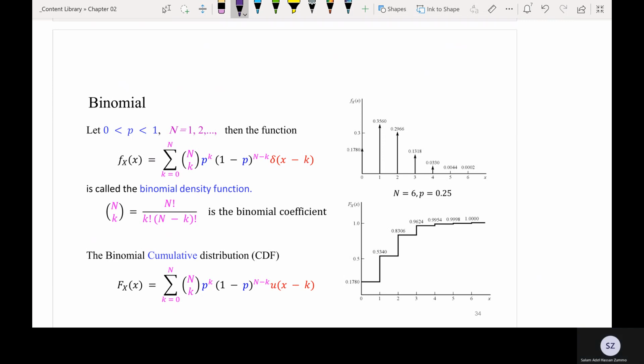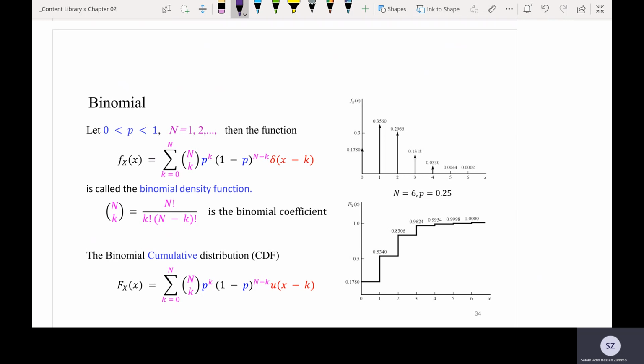And we said that the solution was n choose K, P to the power K, 1 minus P to the power of the rest, n minus K. We explained why: because the experiments are independent, and hence P is multiplied by P, K times, and so on. And there are n choose K ways that this will happen, K out of n times.